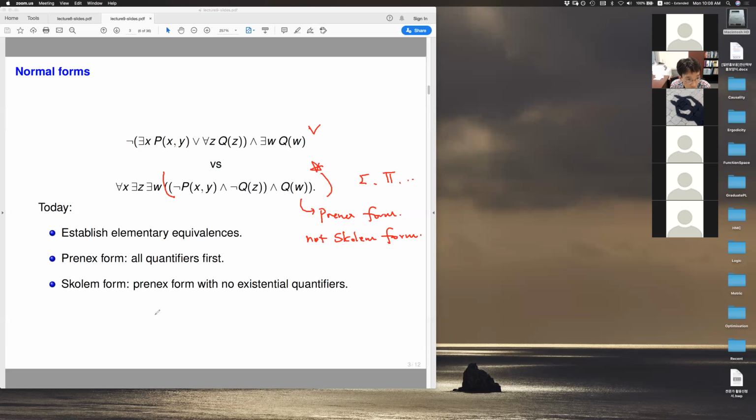By which I mean we will think about an algorithm that takes a first order logic formula F as the input, and then our algorithm will translate F to some formula G. This is again a first order logic formula, but it will be in prenex form.